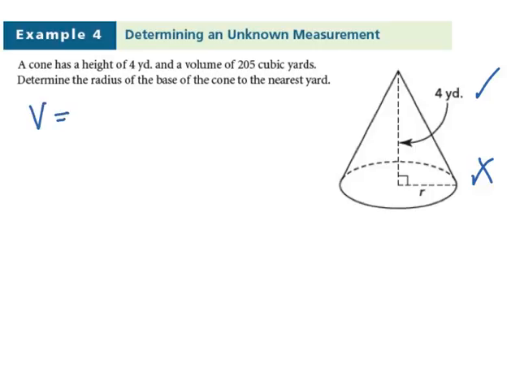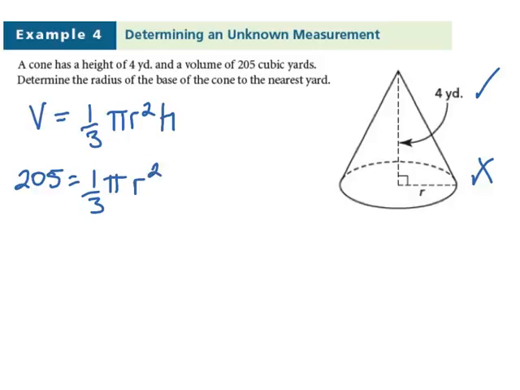Now let's plug in all the information that we know about this question. We know the volume is 205, which is equivalent to 1/3 pi. We don't know the radius, which is r squared. We just leave it there, and we know the height, which is 4. So in this case, we have 1/3 pi times r squared times 4. We could bring the 1/3 pi and 4 together.